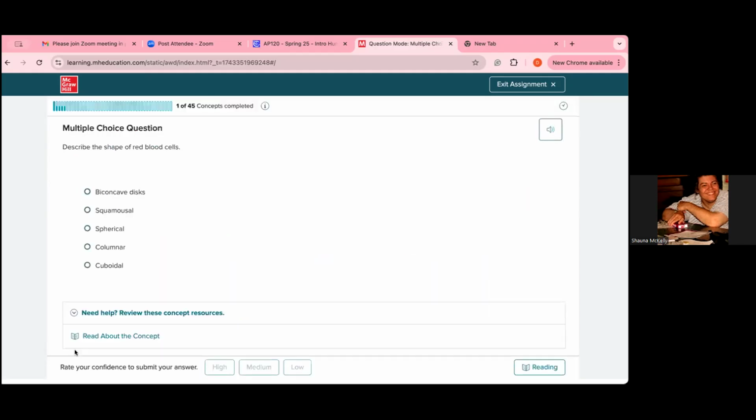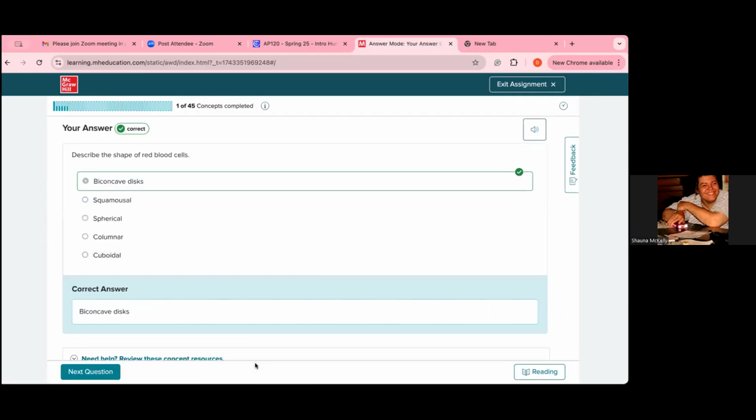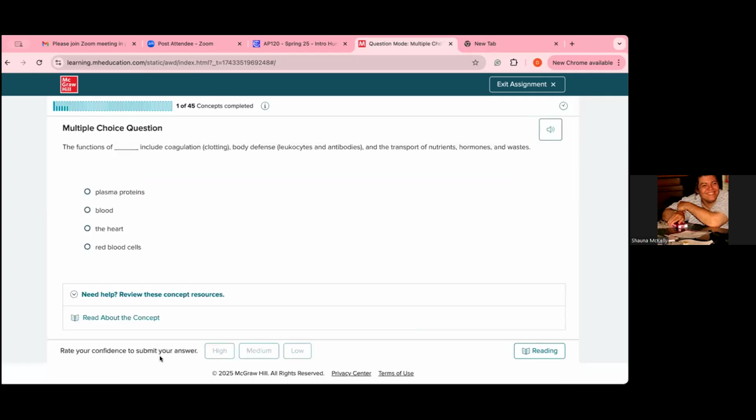So the first one. The functions of blank include coagulation, clotting, body defense, leukocytes and antibodies, and the transport of nutrients, hormones, and wastes.